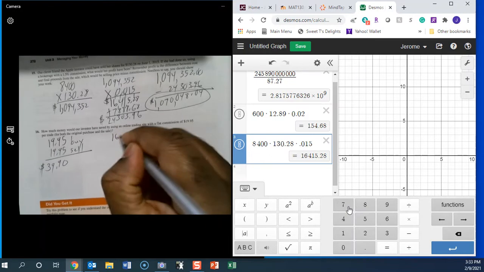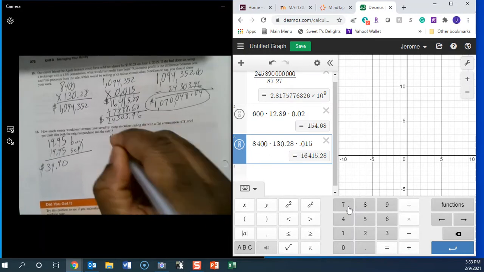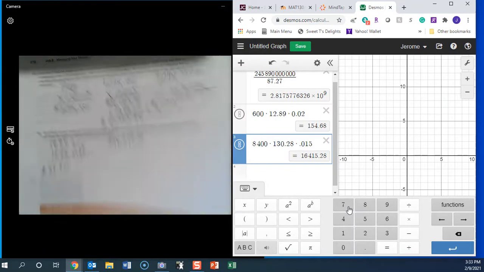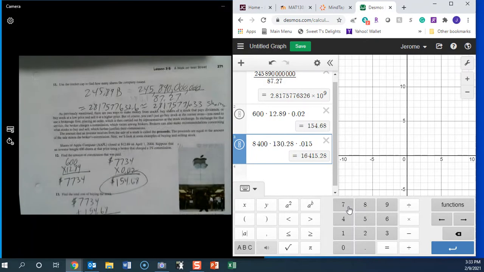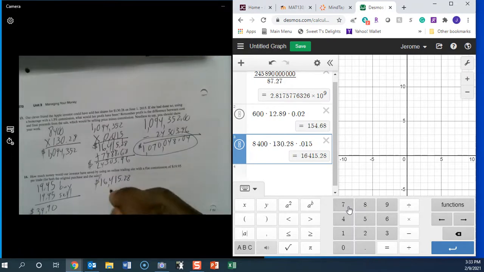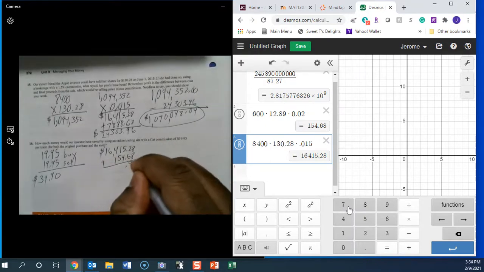Okay, now we go here where we had the commission. One commission we know was $16,415.28. But then we go back to the previous page and our commission was $154.68. Now we add these two together.